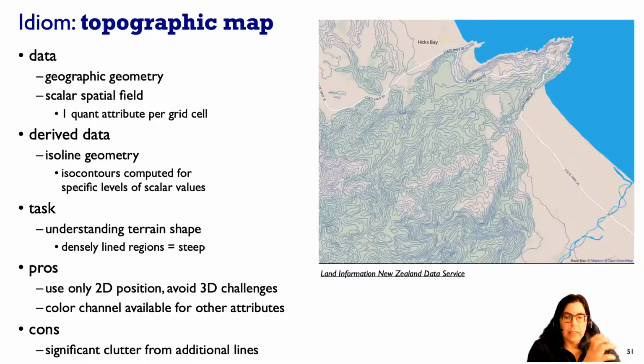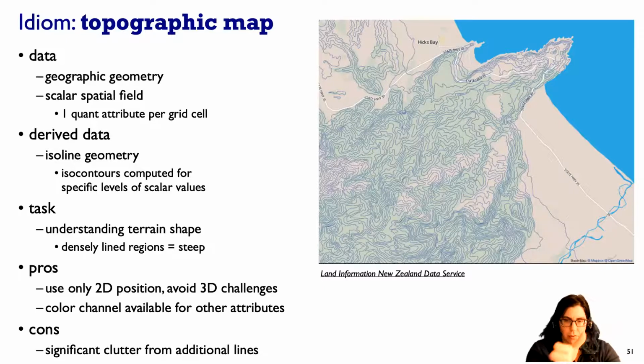Well, we still have this idea that there is some geometric file that actually tells us crucial information about the geography of something. Maybe it has outlines, maybe it has things like roads and cities. But remember how we talked early on with data about this idea of a spatial field, and a scalar spatial field is where we have one attribute that we're dealing with for each of the places.